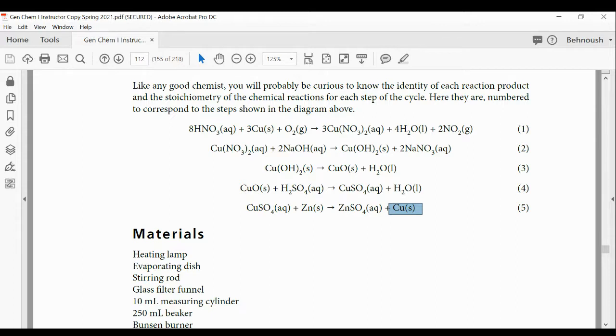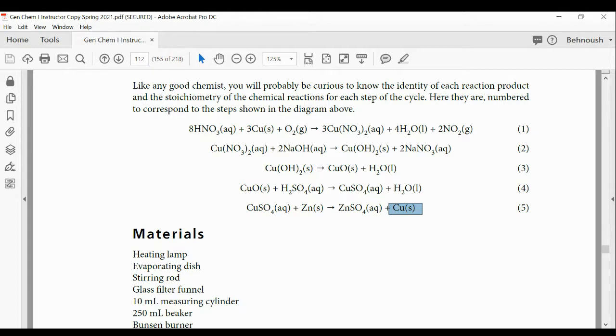See, what you have there is copper nitrate in aqueous solution, and the product is copper hydroxide.